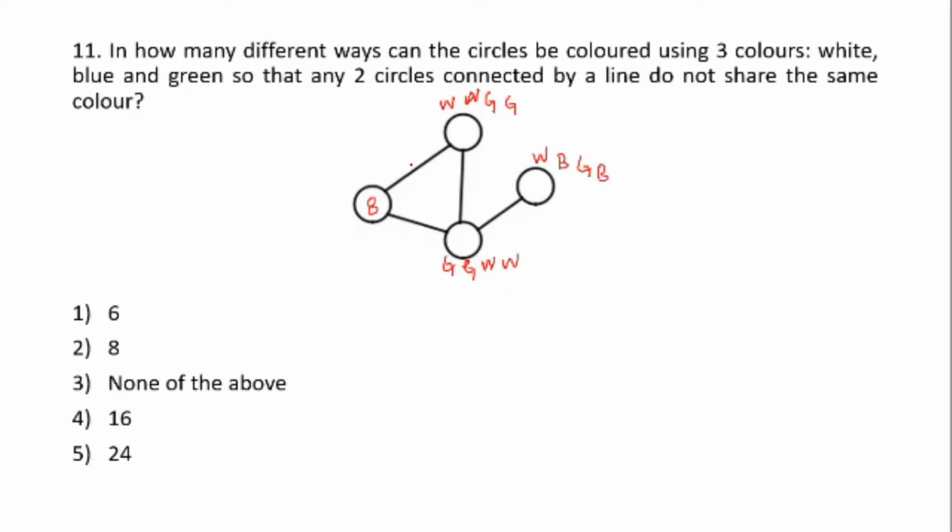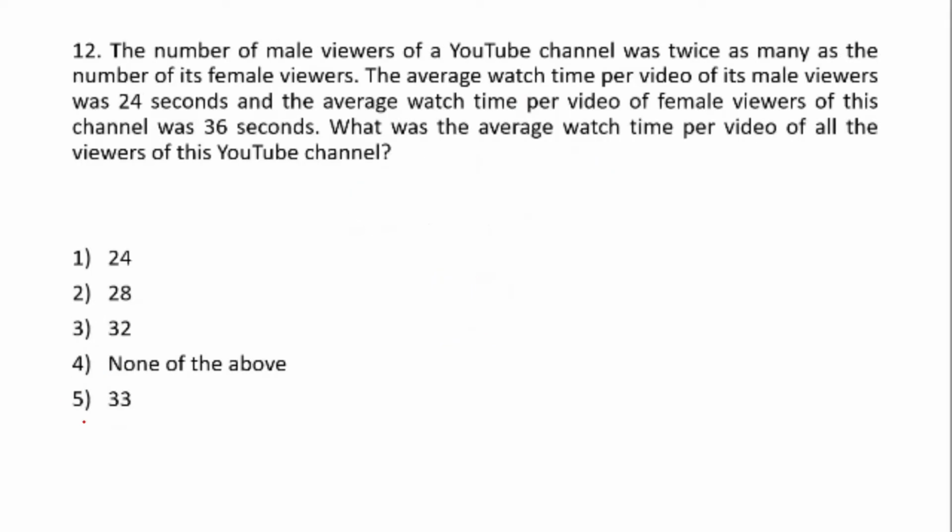So when you start with a blue, you can have 4 different combinations, and the same goes to when you start with white and green. So that's equal to 4 times 3 different combinations, and there are 12 ways, which means none of the given options. All right, now let's go to number 12.